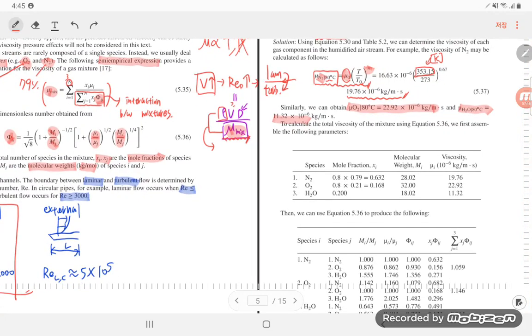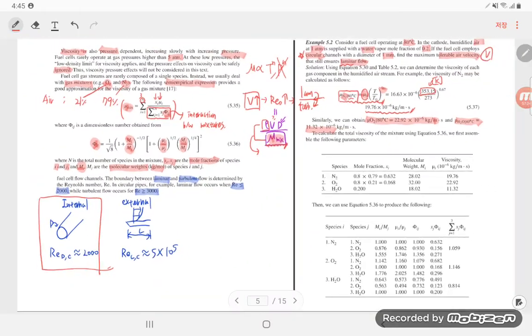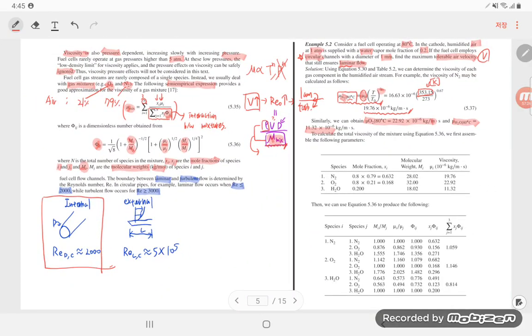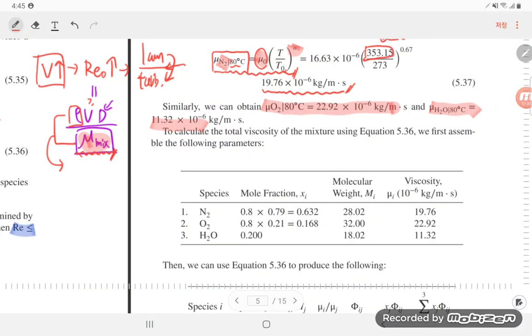And to calculate this, we should know the mole fraction of each species and the viscosity of each species too. Firstly, for the mole fraction Xi, we already know that. For water vapor, the composition is 20%, okay?